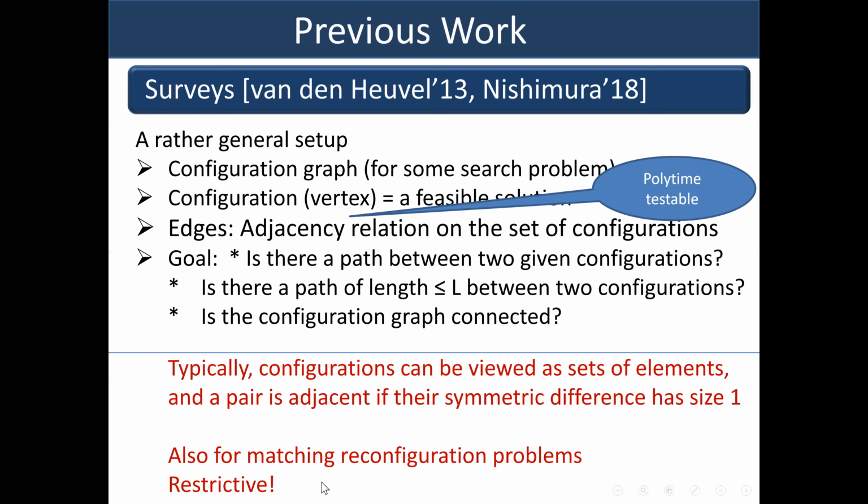And of course, this is very restrictive. It's not always the case, but I would say that in essentially every work that I'm familiar with, the idea is to pose restrictions on the adjacency relation so that we'll get a decision problem, whether or not, for example, there is a path between two given configurations, and so on.